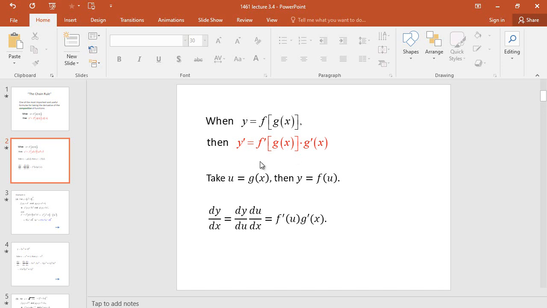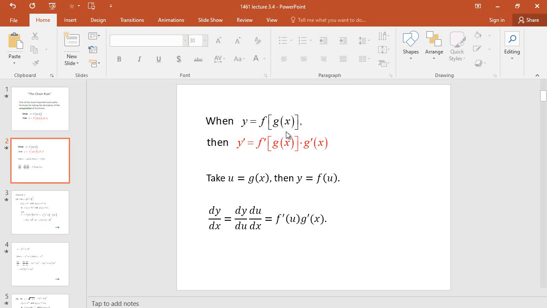Now I'm going to rewrite this formula a bit differently. If I take u to be g of x, then notice that y would be f of u. Here we are trying to find the derivative of y.